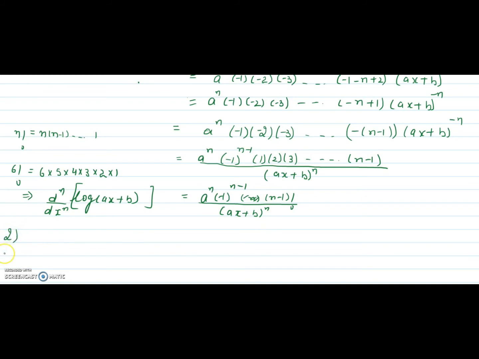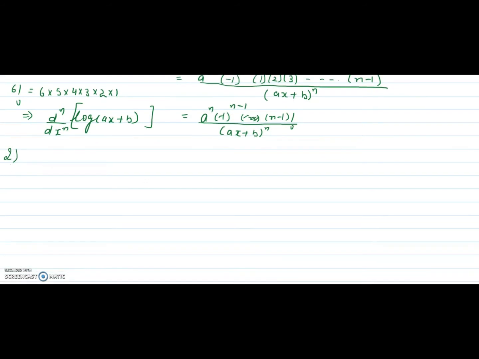Let's find nth order derivative of one more standard function, which is e raised to power ax into sine bx plus c. Let's take this equal to y. And I'm supposed to find nth order derivative of this function.